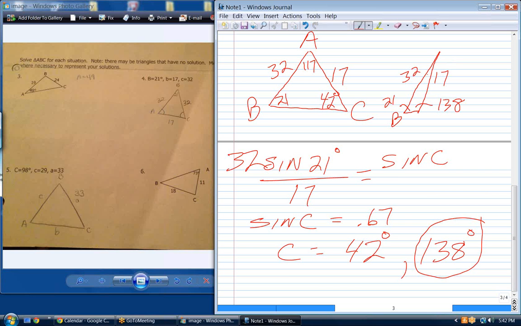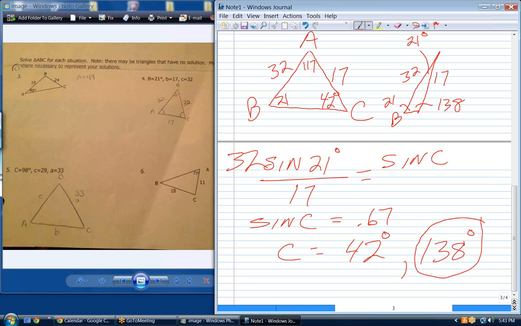And the second triangle, this angle is, let's see, 21 and 138 or 159. That's 21 degrees also. Wow. It's correct. I haven't drawn it as such, but it's an isosceles triangle.